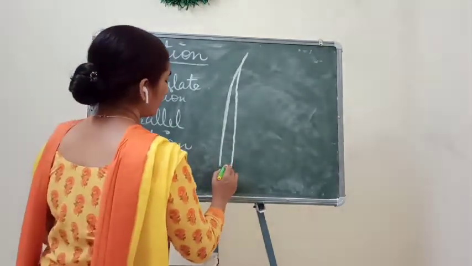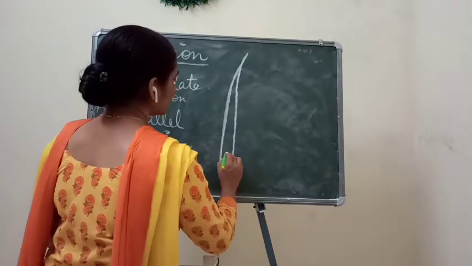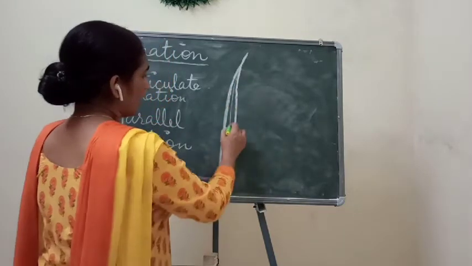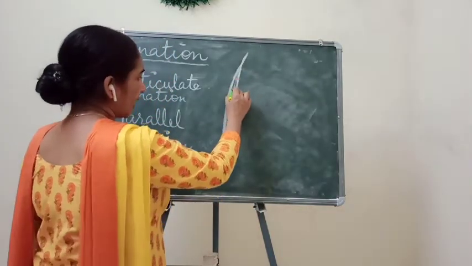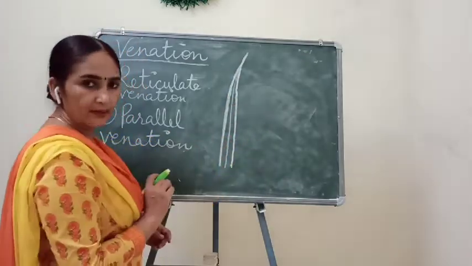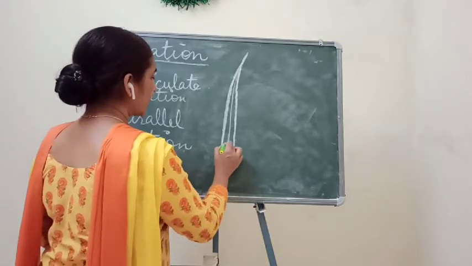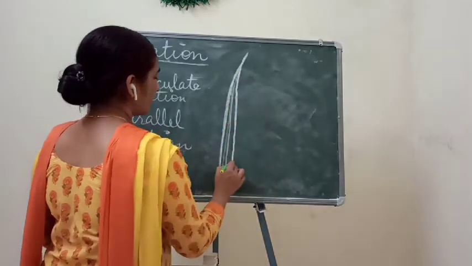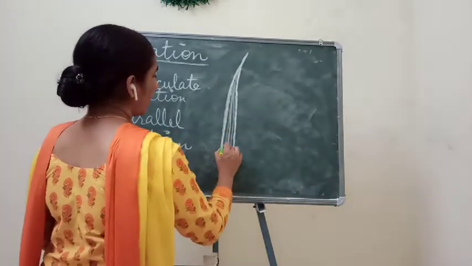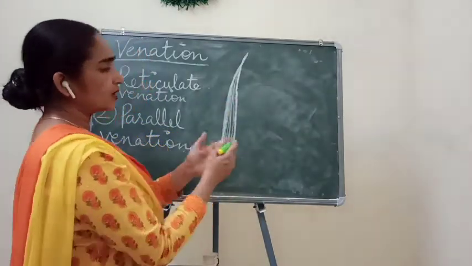Sugarcane and maize leaves are similar, and in these leaves you can see at the center one main line-like structure. This is called the midrib, and all the other veins are present parallel to this midrib.